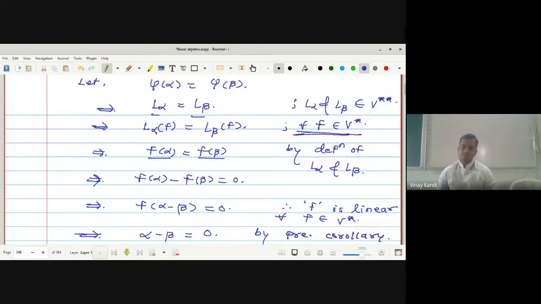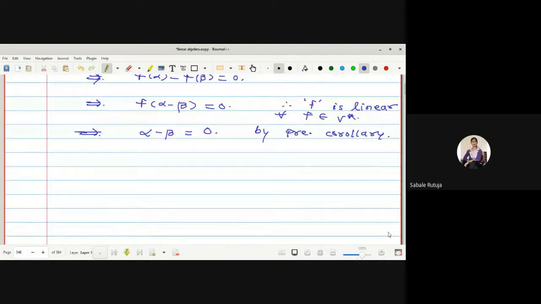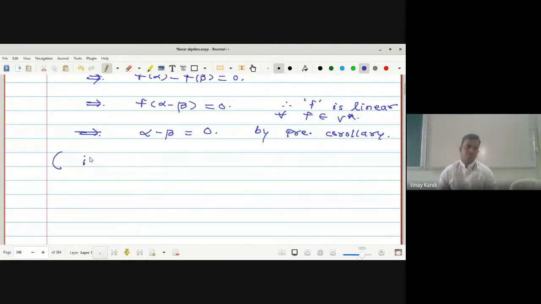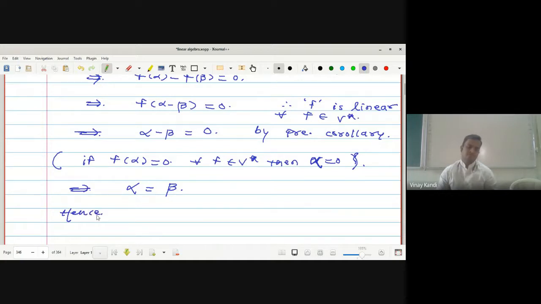Is it correct? Yes, sir. What is that corollary? If f of alpha is equal to 0 for all f belongs to V star, then alpha is equal to 0. So this implies alpha is equal to beta. Hence psi is one-one. Any doubt?